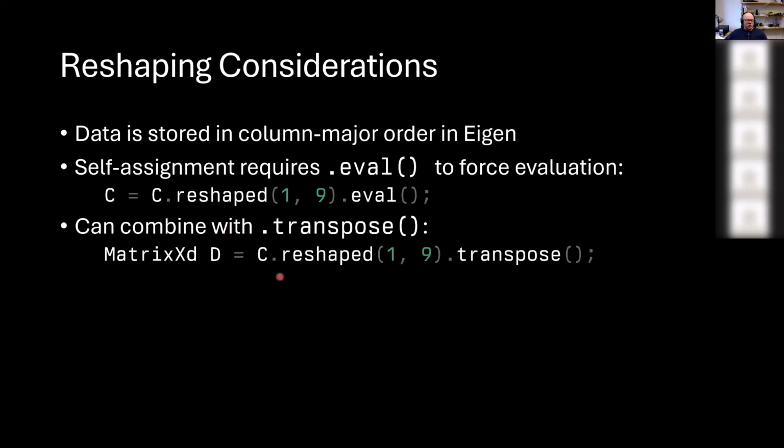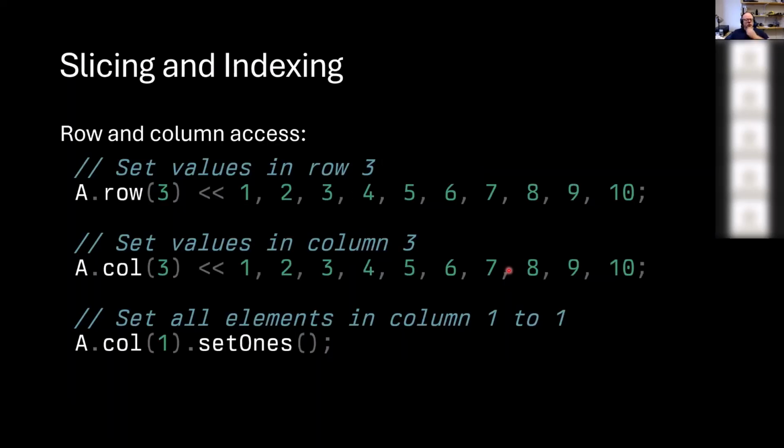You can also combine reshape and transpose. So here you can see you can chain multiple of these methods together to produce a new matrix, in this case D here. This will be allocated to the shape of this expression here. I think I will go through all the examples later on, so I will skip the demos for now.